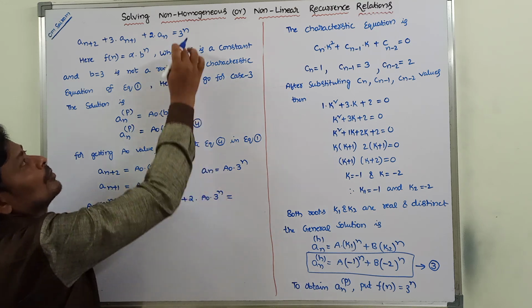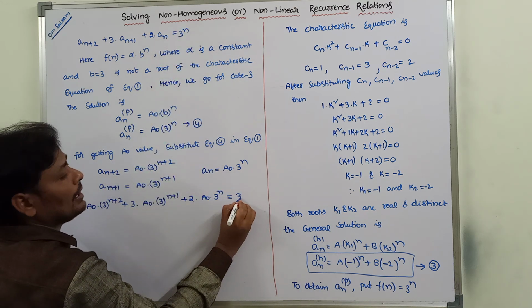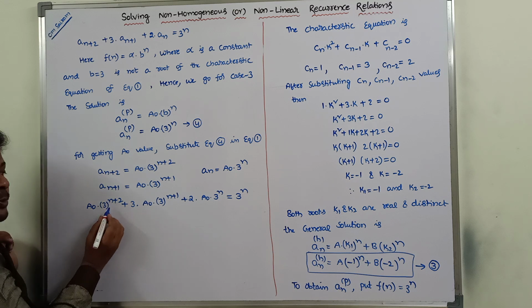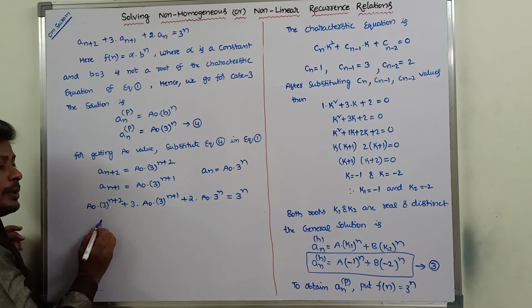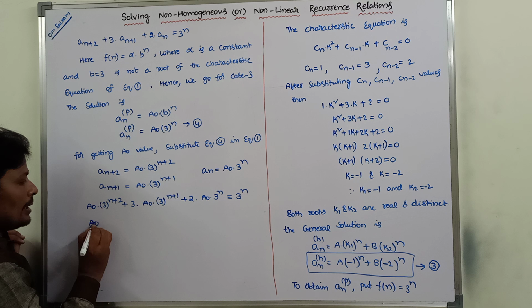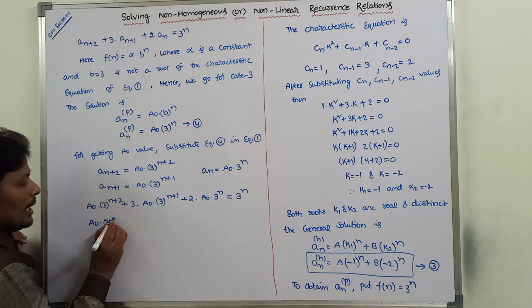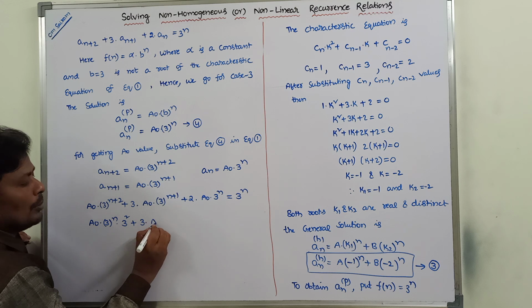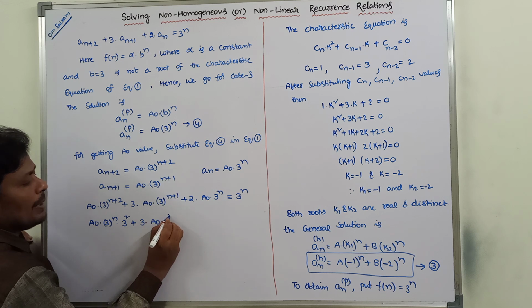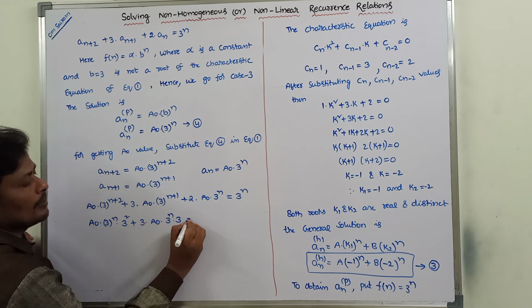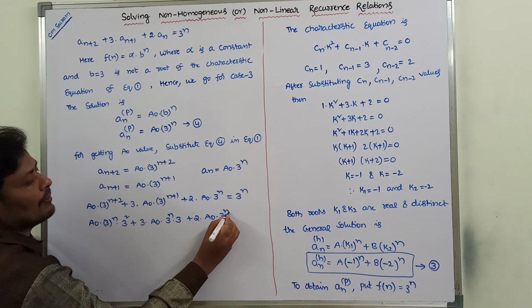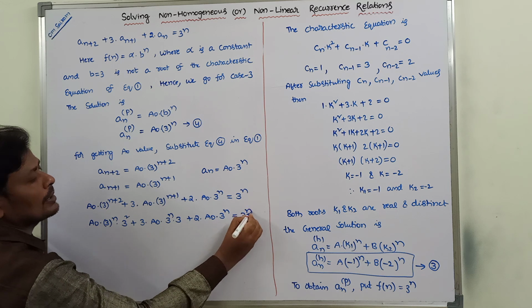Now 3 power n plus 2 can be written as 3 power n into 3 power 2. So a naught into 3 power n into 3 power 2, plus 3 into a naught into 3 power n into 3, plus 2 into a naught into 3 power n, equal to 3 power n.